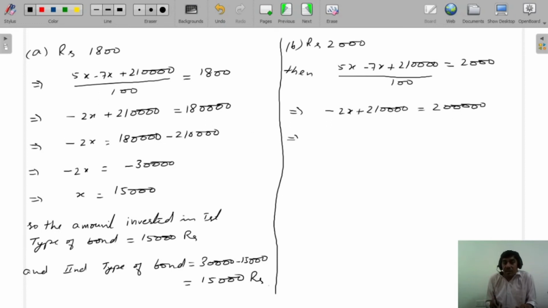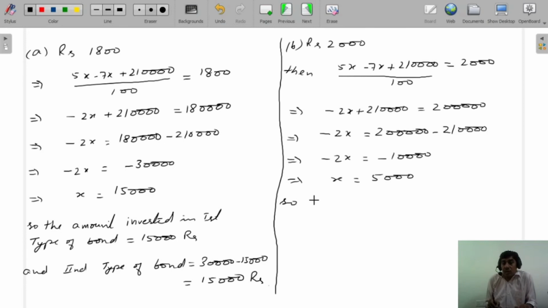This implies minus 2x is equal to 2 lakh minus 2,10,000. This implies minus 2x is equal to minus 10,000. This implies x is equal to 5,000.